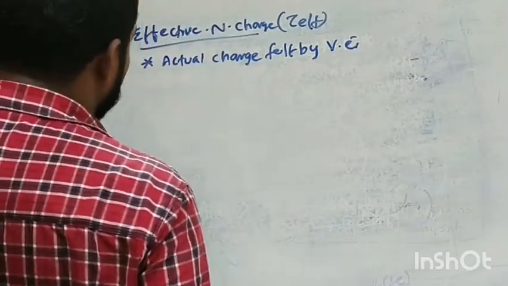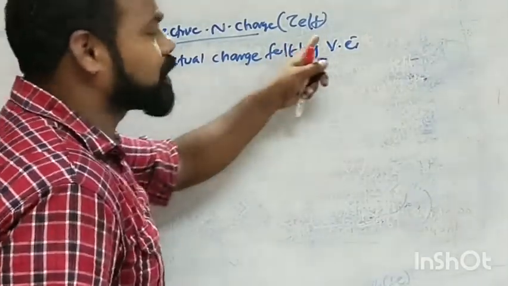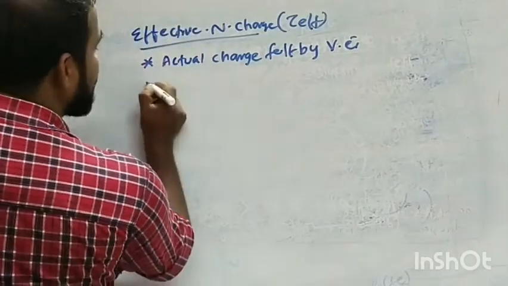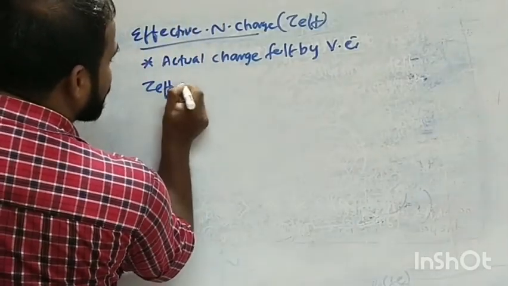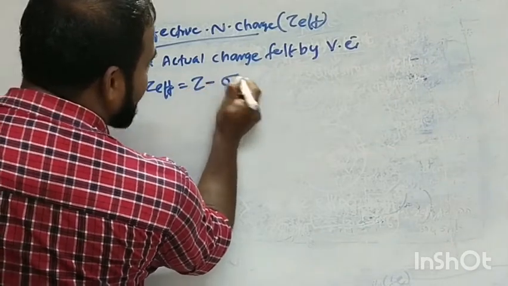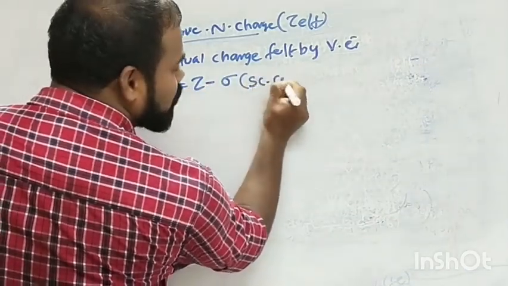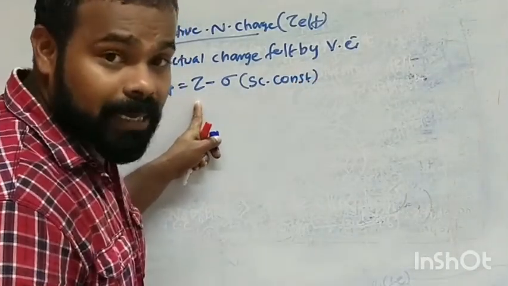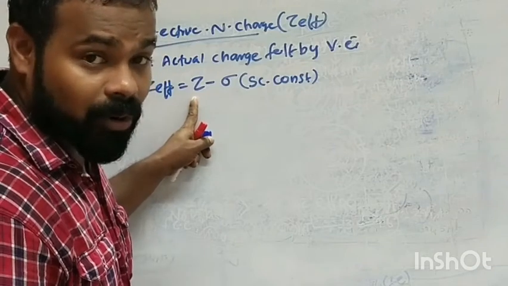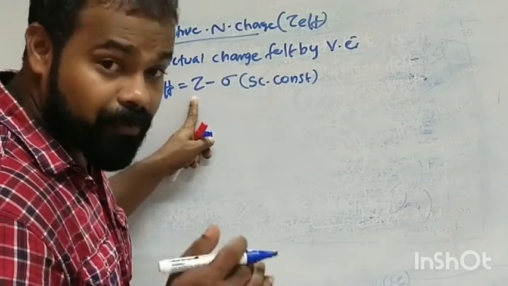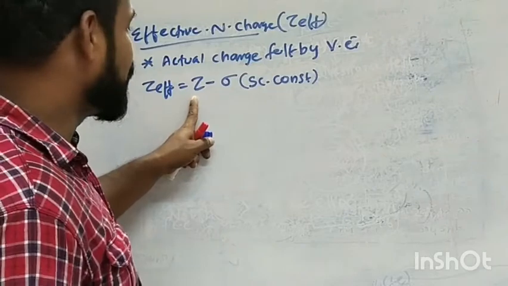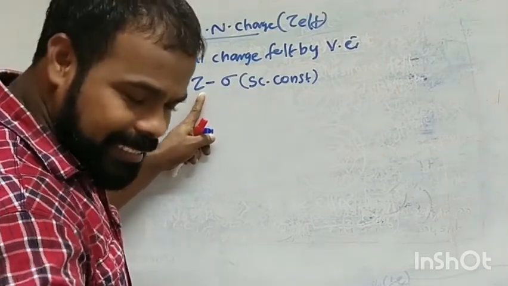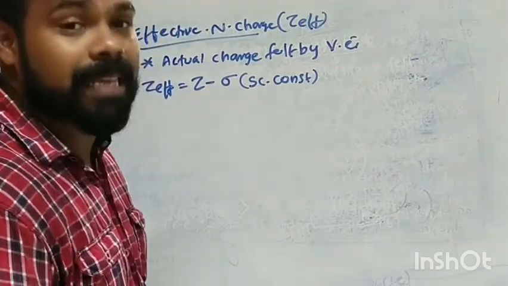That's all. The actual charge felt by the valence electron is called the effective nuclear charge. We have one calculation also: effective nuclear charge equals Z minus sigma, where sigma is the screening constant. I'll explain it. Before that, Z is the atomic number, otherwise the number of protons. Sorry, not atomic mass. Z is the number of protons only, and sigma is the screening constant.